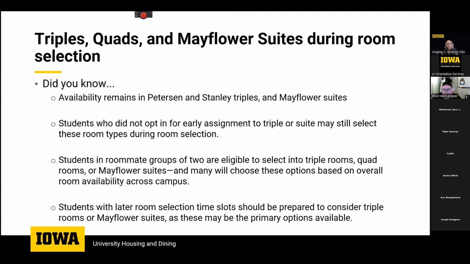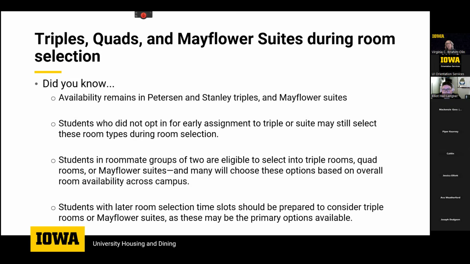And so what that will look like is there's a few options. One, we've got availability still in Peterson and Stanley triples along with Mayflower suites if you wanted one of those options. If you did not opt in to an early assignment of a triple or a suite, you could still potentially select one of those rooms during your room selection period.